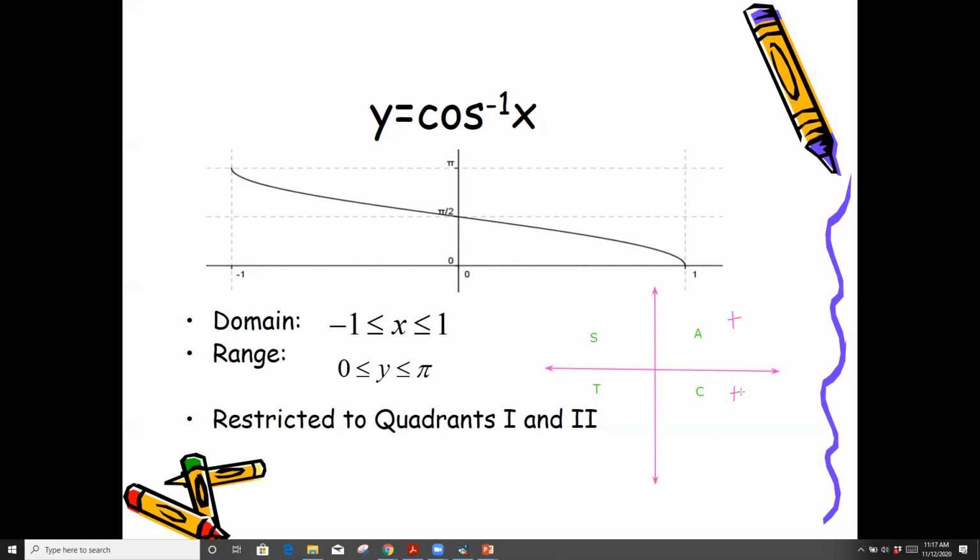So if we were to restrict it between pi over 2 and -pi over 2, we would only be getting the positive values. So that's why we use quadrants 1 and 2 for cosine, because cosine is positive in quadrant 1 and negative in quadrant 2.